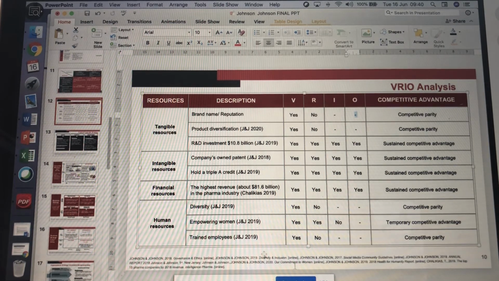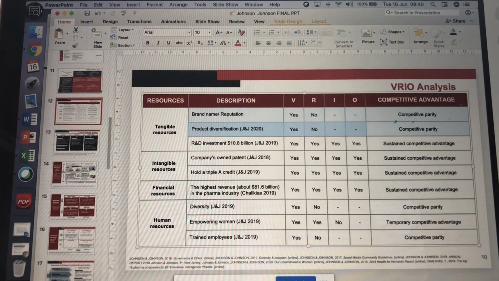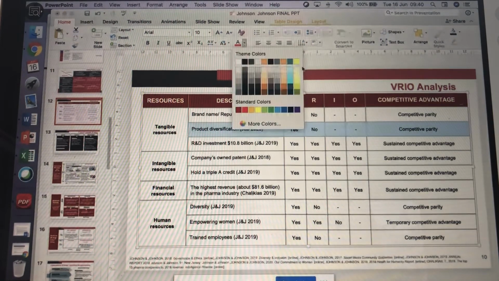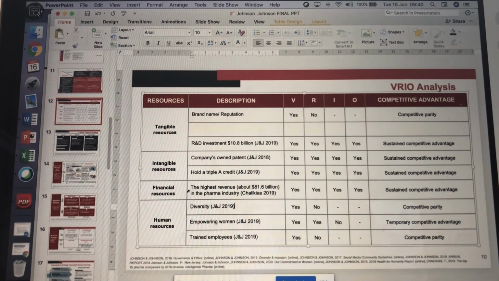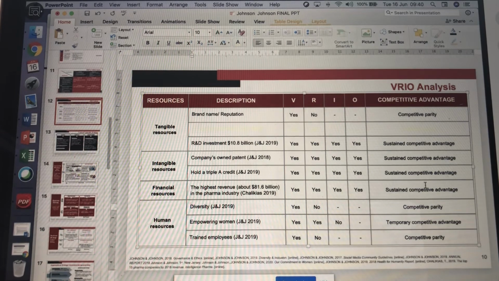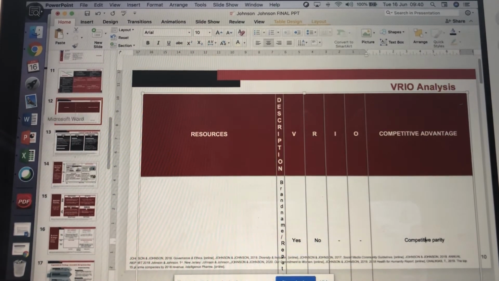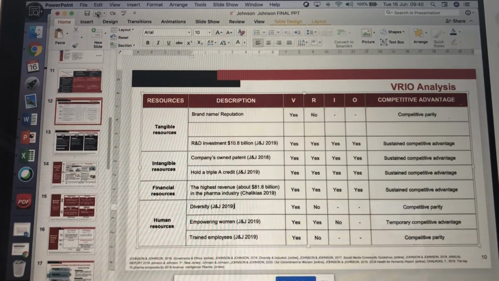Now, when you have all these resources, you should have a complete list, but in the presentation you maybe pick one, like one of parity here, or maybe pick one which is a sustained competitive advantage. Oops, sorry. Undo that.